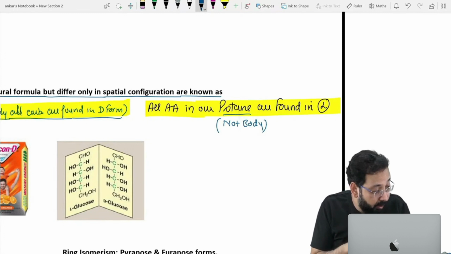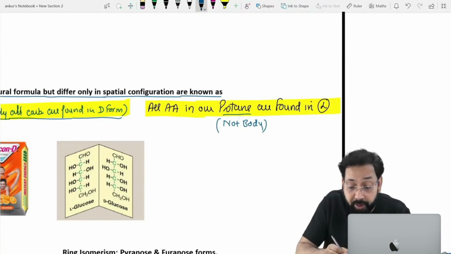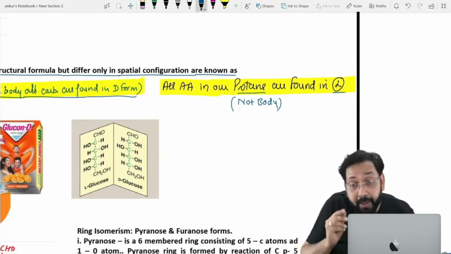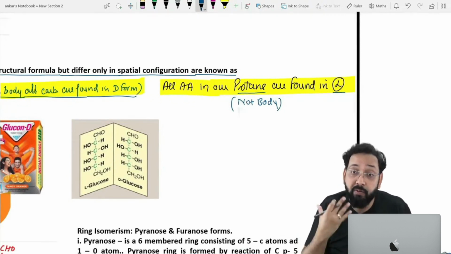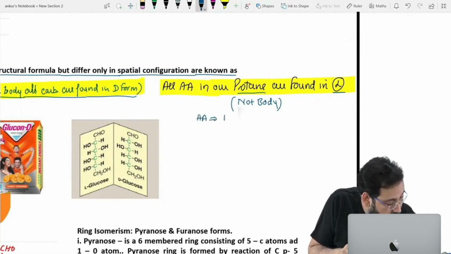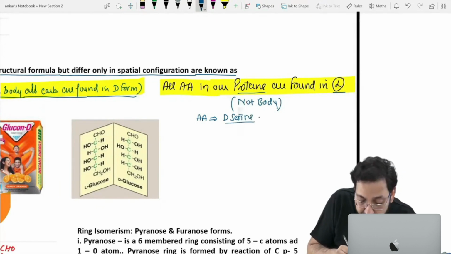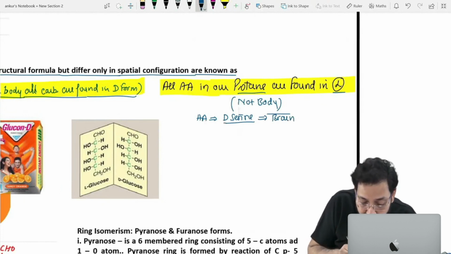But if they are free, they are usually found in capital L form, but there are a few amino acids in our body which are found in capital D form, just like D-serine in the brain, found in capital D form.